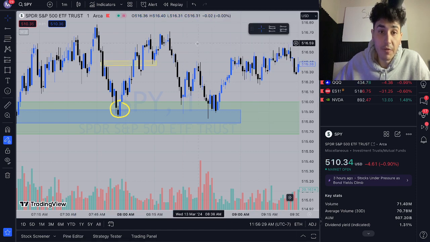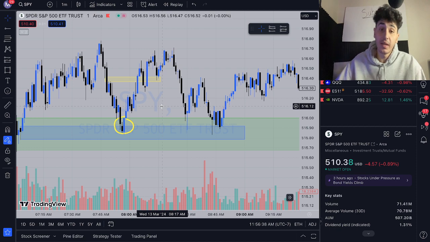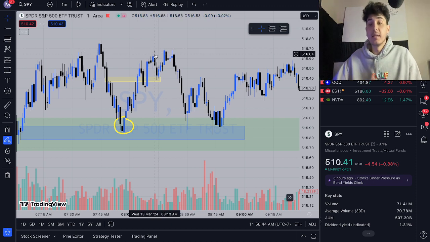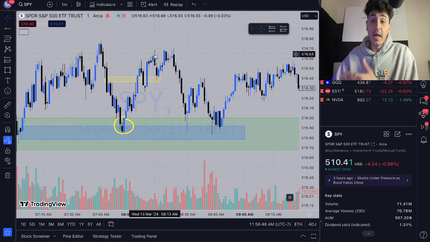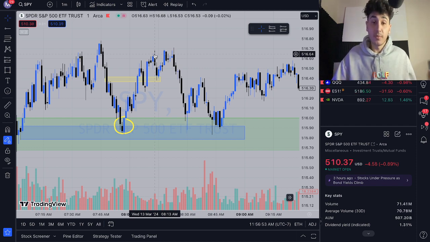So that yellow fair value gap would be one of my main targets to at least trim, obviously take my profits. And then after that, if price continues to break above and continue up higher, then I will hold my runners and then I will continue to manage my position as price continues to move. And then obviously I'll also manage my risk if price does move towards the opposite side of where I'm trading.